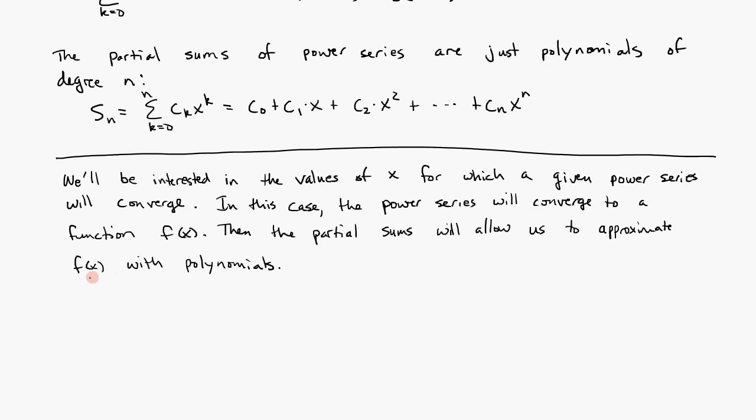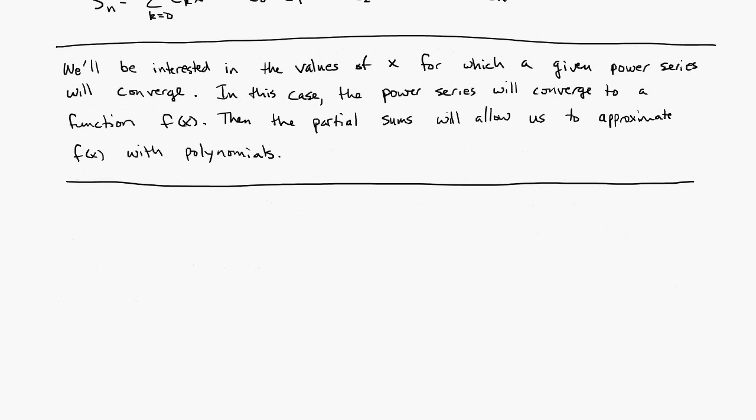Those things are typically difficult to calculate, and so we can approximate them with polynomials, which are very simple to calculate with because they only involve algebraic operations of addition and multiplication and so on. The way we'll do this approximation is by using what's called Taylor polynomials.